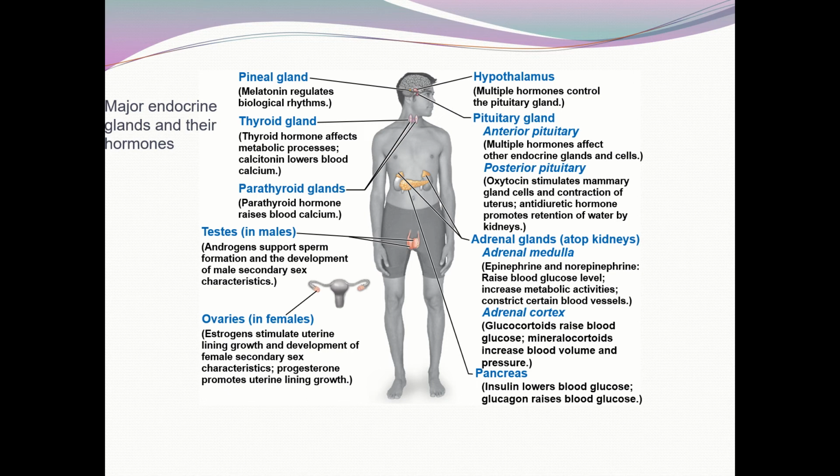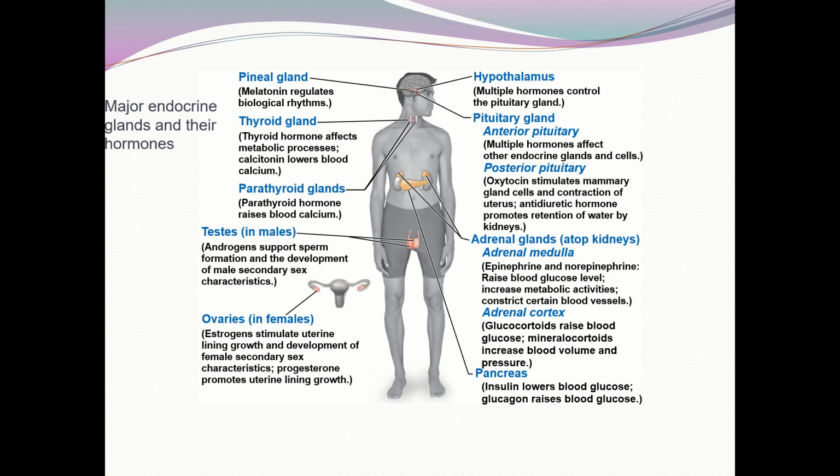The anterior pituitary produces multiple hormones that affect other endocrine glands and cells. The posterior pituitary produces oxytocin, which stimulates mammary gland cells and the contraction of the uterus. It also produces antidiuretic hormone, which promotes retention of water by the kidneys.